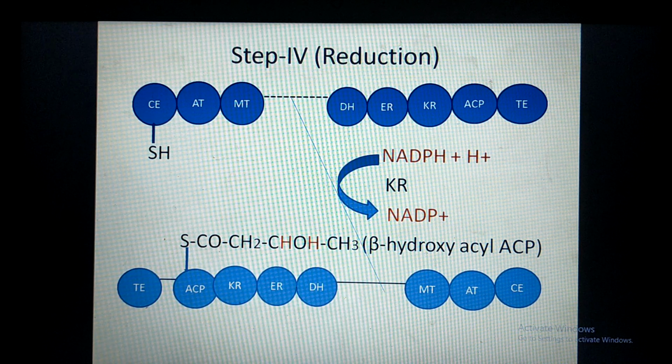CO group is converted into CHOH by adding 2 hydrogen atoms. Now these 2 hydrogen atoms are donated by a reducing equivalent called NADPH. This reduction requires an enzyme called ketoacyl reductase. So in this way, the product beta hydroxyacyl ACP is formed.